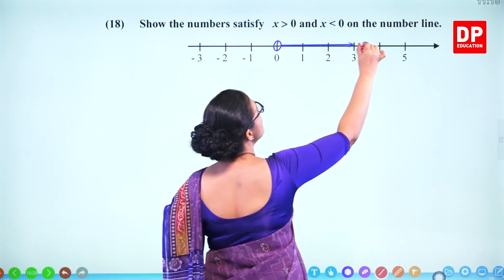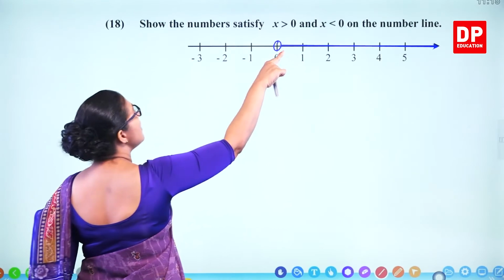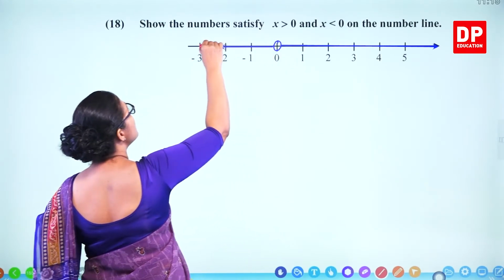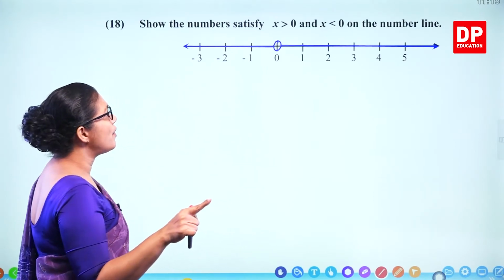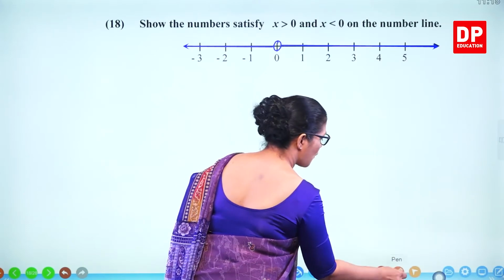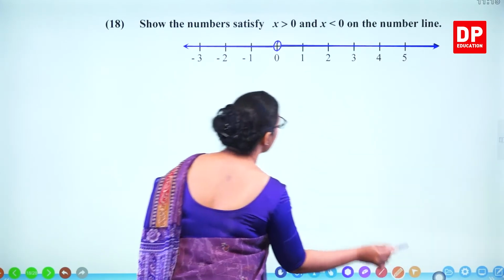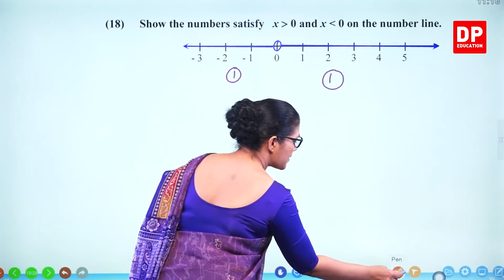So arrow towards positive side, that's greater than 0. Then less than 0 means arrow towards left hand side. So all the values are included except 0. So you get 2 marks for that. 1 mark for this side and 1 mark for this side.